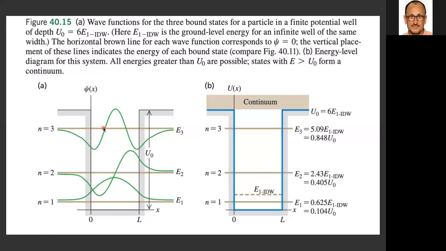The next state has 2 intersections in the middle. So this is the next excited state, but the main difference is that these wave functions penetrate inside the region that is forbidden for them. Okay, and we get this in a finite potential well.